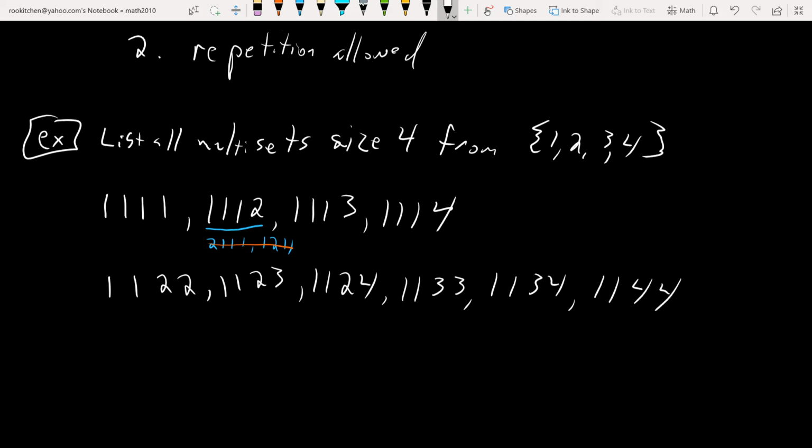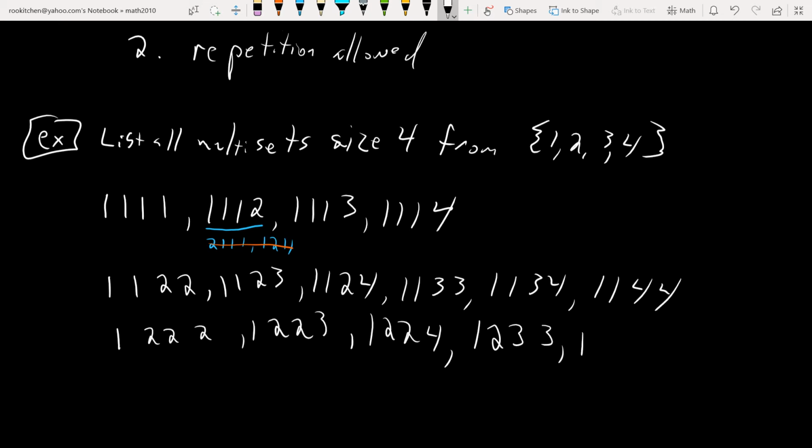Now I'll look at the sets with just one 1. So that would be 1, 2, 2, 2, 1, 2, 2, 3, 1, 2, 2, 4, and then I can increment the third 2 to a 3. So 1, 2, 3, 3, 1, 2, 3, 4, and then I'll increment that 3 to a 4, so I'll have 1, 2, 4, 4.